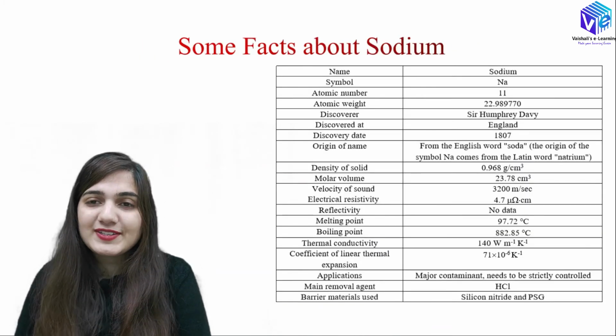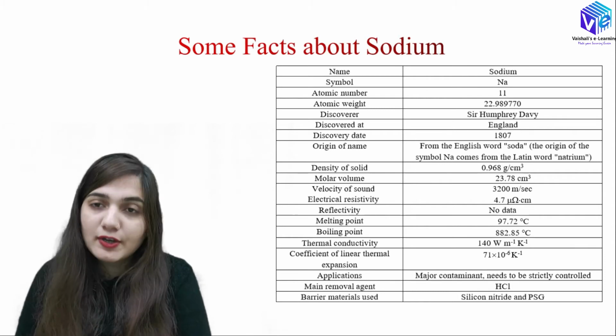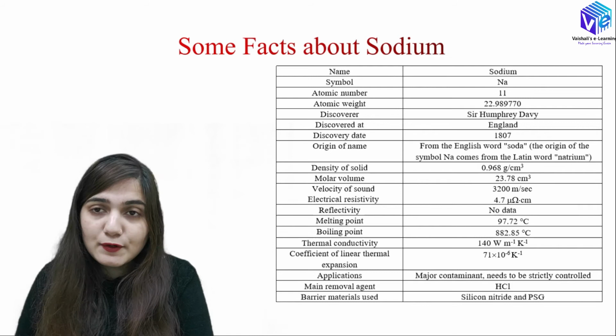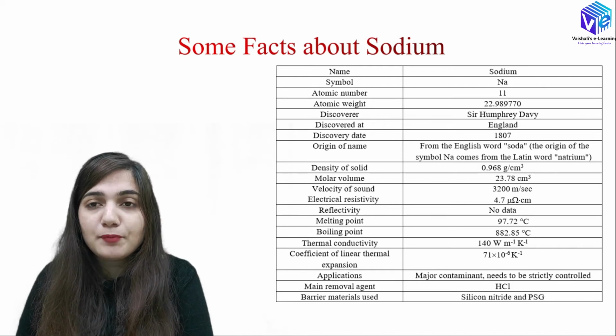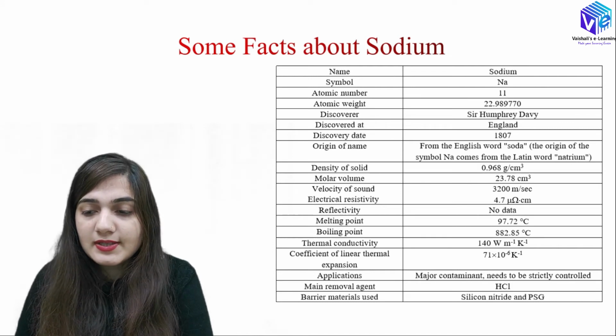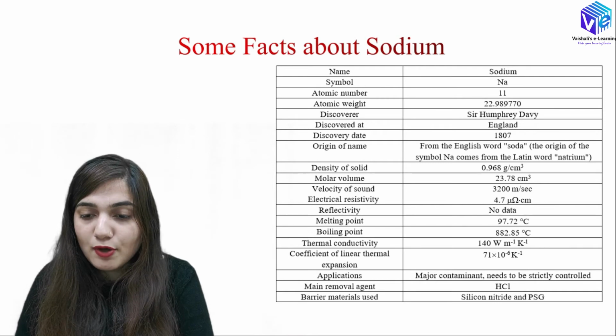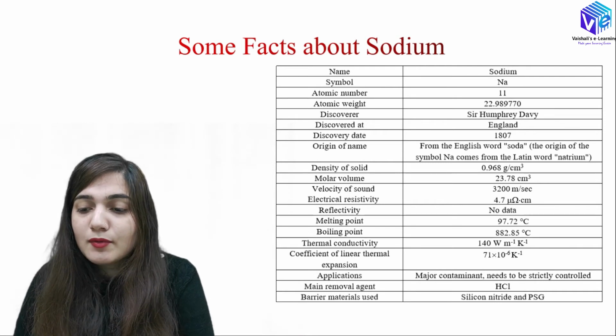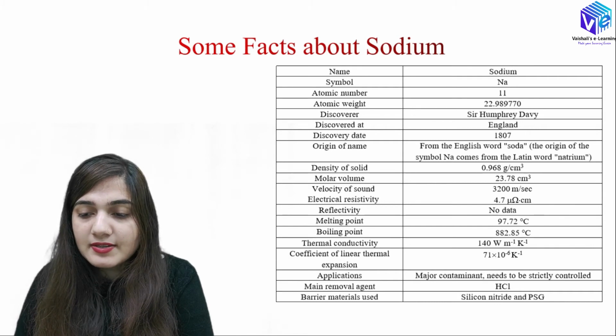Now coming to some facts about sodium, because sodium is a very important element in this scenario, and we need to know the properties of sodium. Its symbol is Na, atomic number 11, atomic weight around 22.98. The discoverer was Sir Humphrey Davy, discovered in England in 1807.